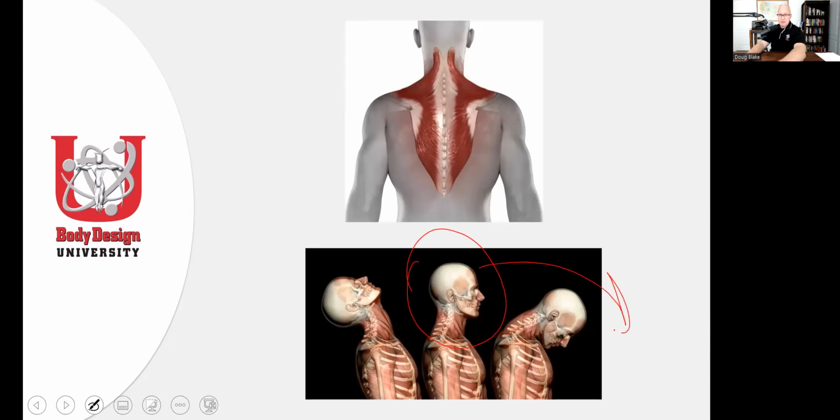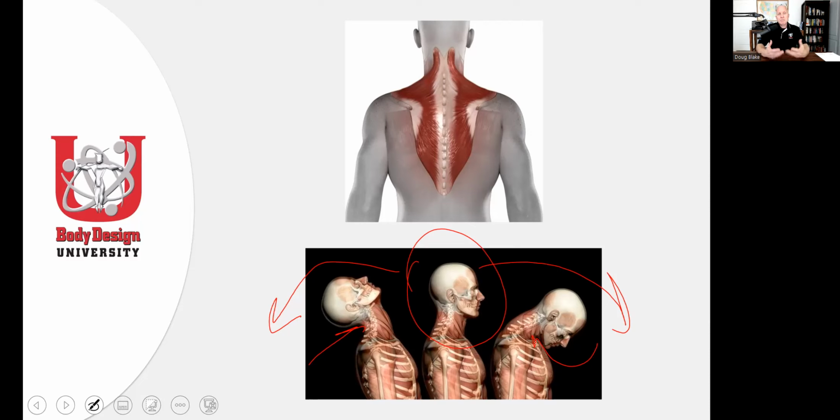The neck can flex, and the neck can extend. These are called the cervical extensors, and up underneath here, this guy's chin right there, are the cervical flexors. Depending on a person's posture, if they have poor posture, you see what's known as a forward head lean. The chin juts forward, and that's where you're going to see problems.